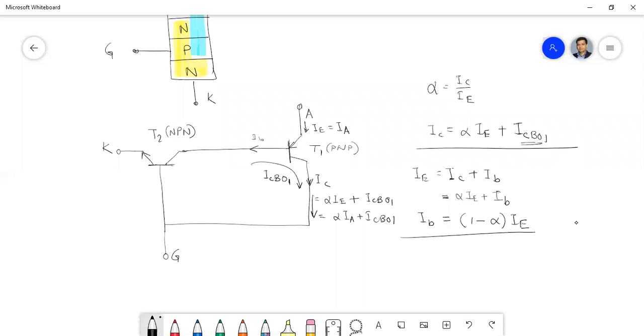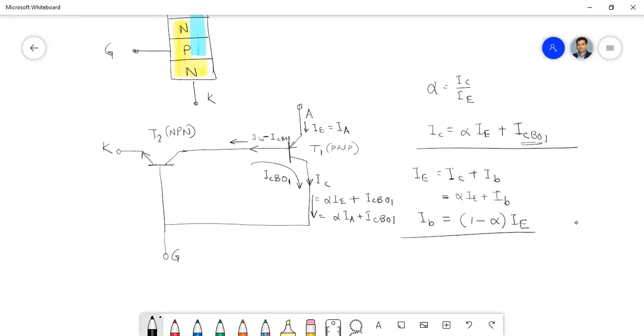Now what about the current flowing in this path? Actually the current flowing is IB, but as ICB01 goes through the collector and comes out from the base, we have to write IB minus ICB01.